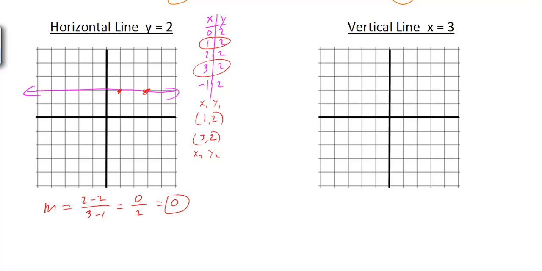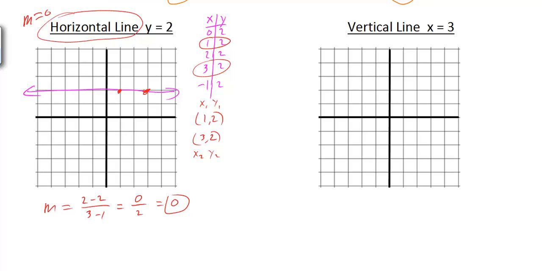And it doesn't really matter what the change in x is, because if you have 0 divided by a number, 0 divided by 2, 0 divided by 3, it's always going to be equal to 0. So for any horizontal line, your slope is always 0. And that's because there is no change in your y. And if that y is 0 on top, then 0 divided by a number will always be equal to 0.